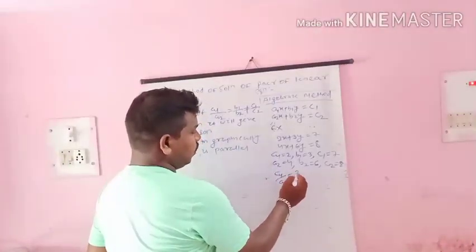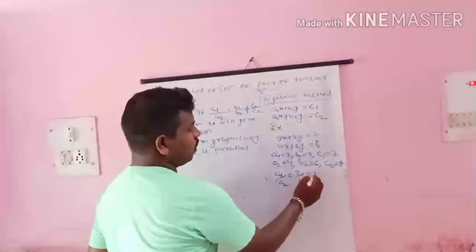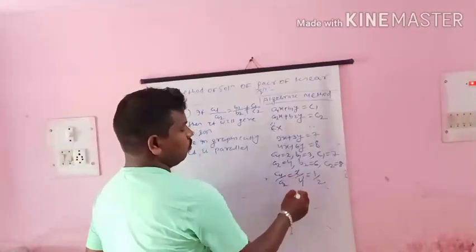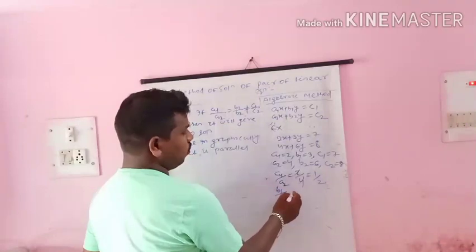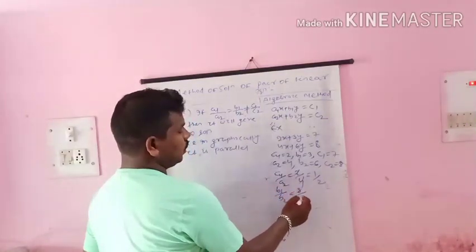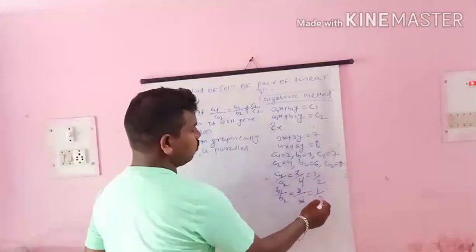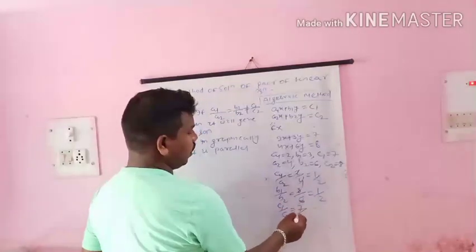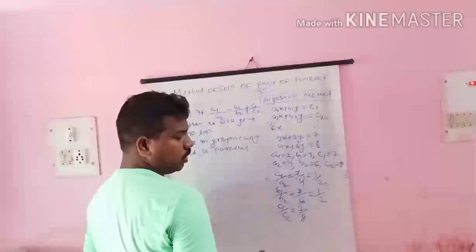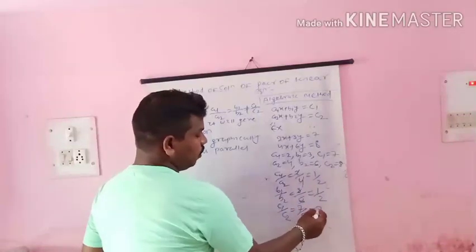That means 2 by 4 equal to 1 by 2. B1 by b2 equal to 3 by 6, which is 1 by 2. C1 by c2 equal to 7 by 8. 7 by 8 does not cancel here.